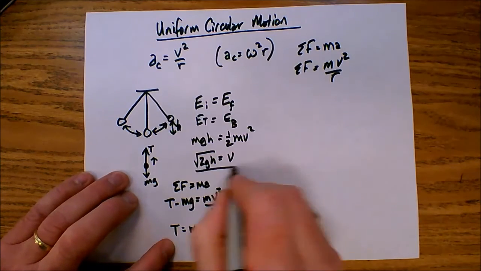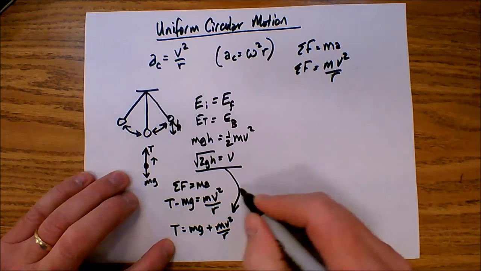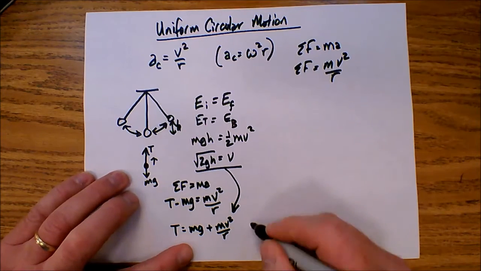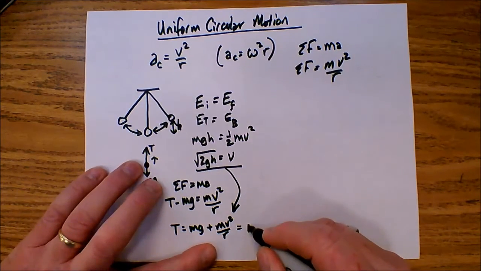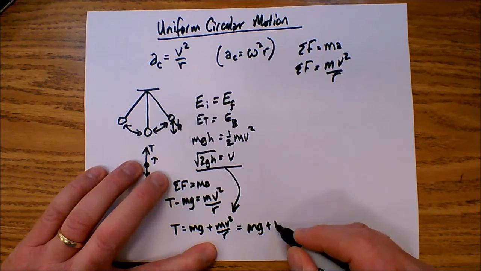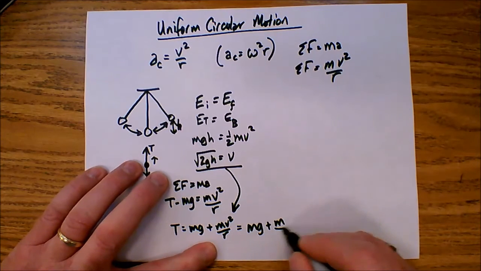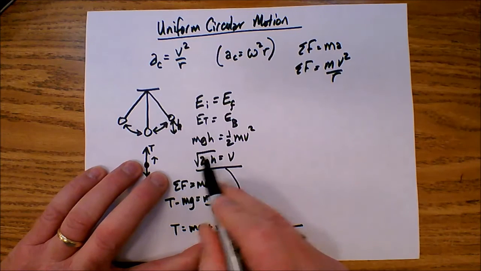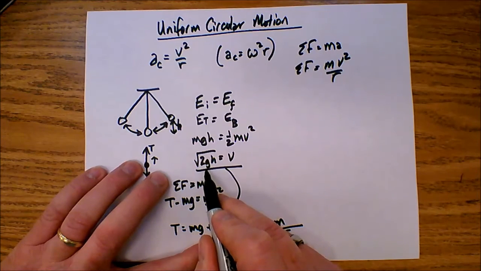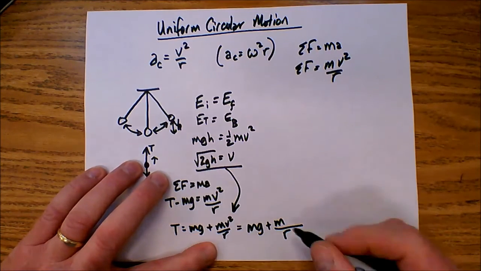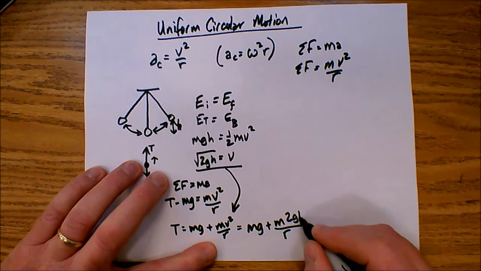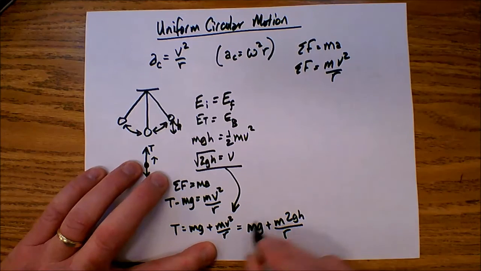Because of energy, we found v was the square root of 2gh, so we could do this. The tension is equal to mg plus m v squared over r. V squared, v being the square root of 2gh, I square it, which just gets rid of the square root. So m times 2gh over r. This is our tension.